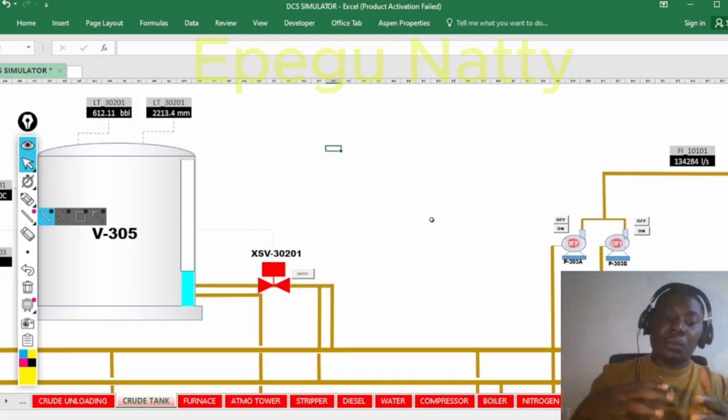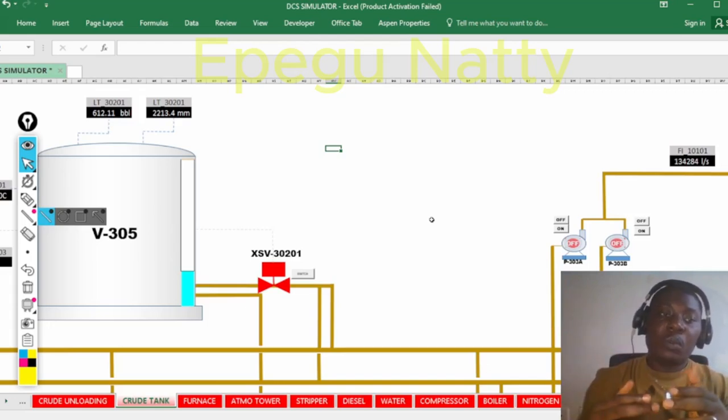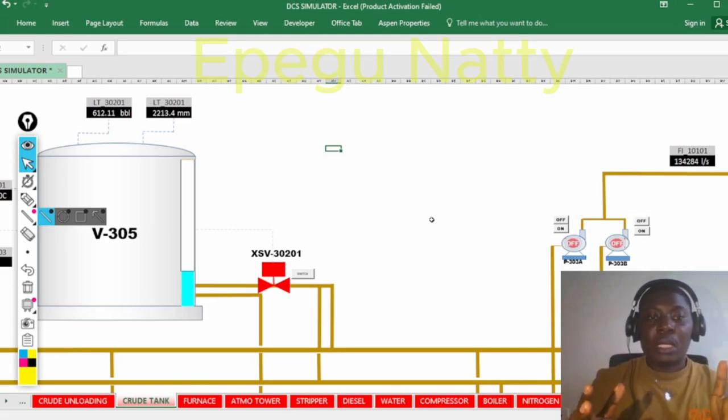Now after the P&ID design, the piping engineers will draft out the 3D model of the plant. Mind you, the 3D model shows you the route that the pipes and everything will take, and also the location of the pump.